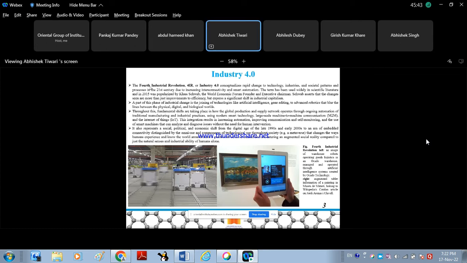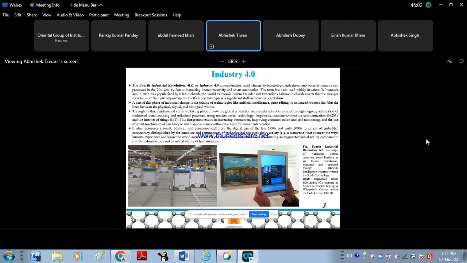It posits that we have created and are entering an augmented social reality compared to just the natural senses and industrial ability of humans.